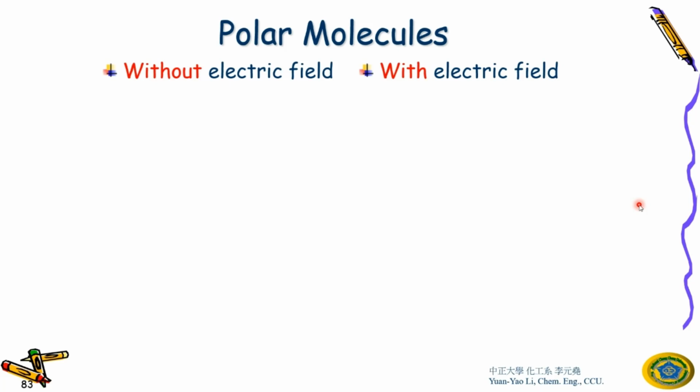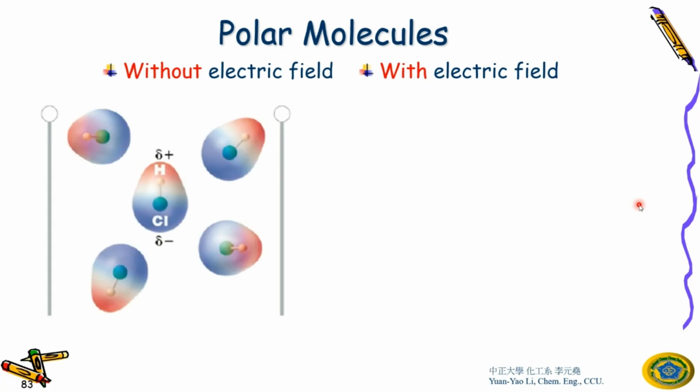Where are we? Okay. If you have a molecule which is neutral but you have polar bonds, sometimes these polar bonds will form a polar molecule, but sometimes not. It depends. When we take a look at polar molecules without an electrical field between these molecules, they will be randomly distributed.